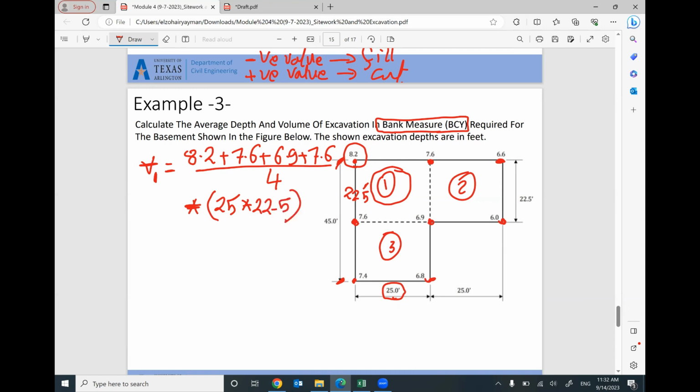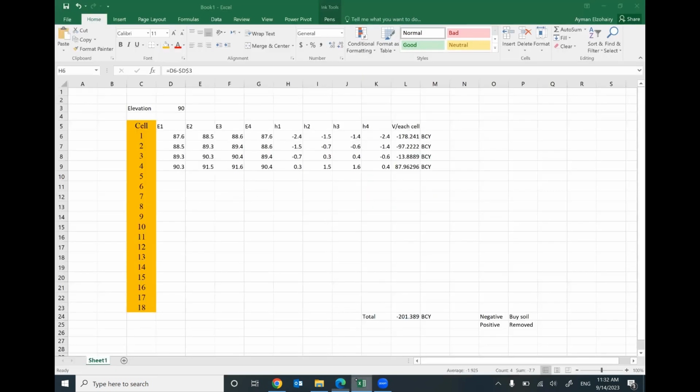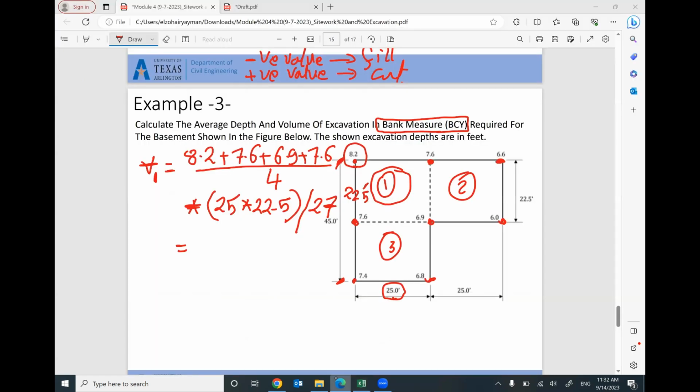Keep in mind, this calculation will give you the volume of the soil in cubic feet. If you would like to convert it to cubic yard, I will divide it by 27. This is exactly what I did here: I get the average, multiply the average by the area of one cell, and divide it by 27.